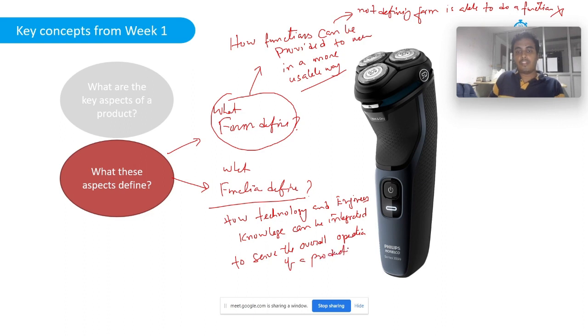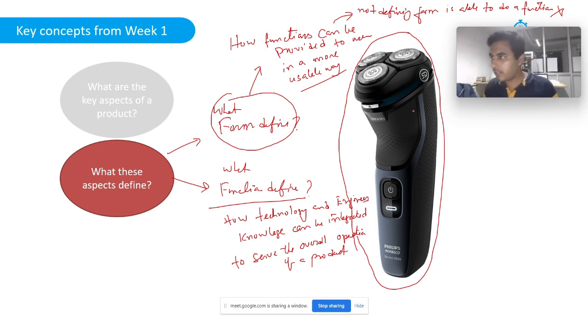Okay, so for example, I'll give you an example. If I talk about function, what are the functional elements of this particular shaver? Can you tell me what the functional elements are? Please write in the chat box.